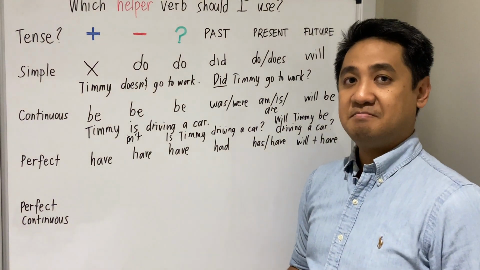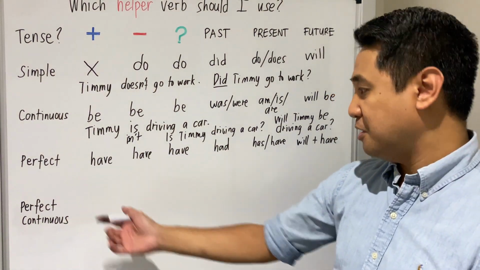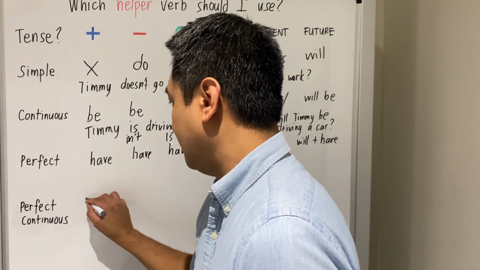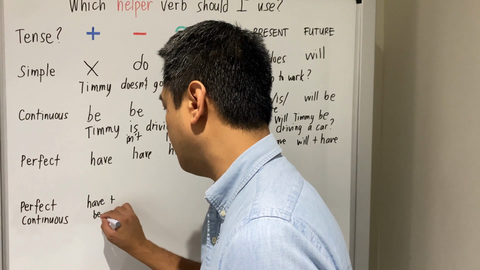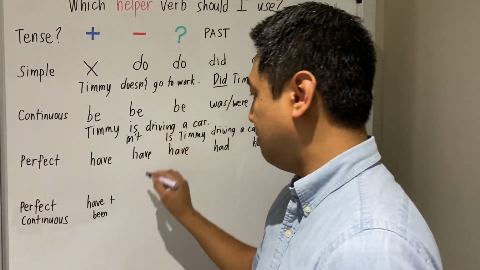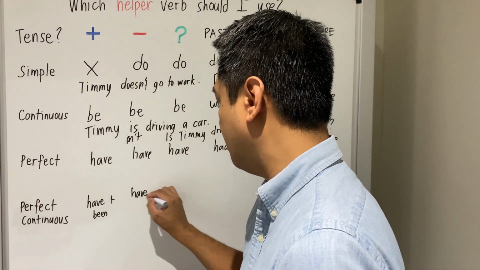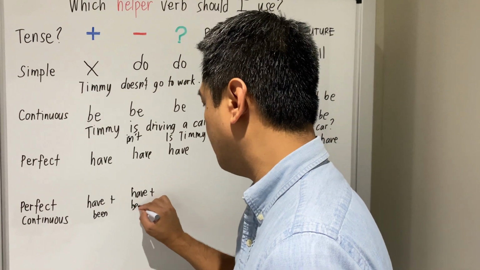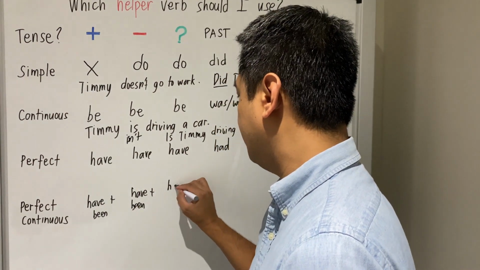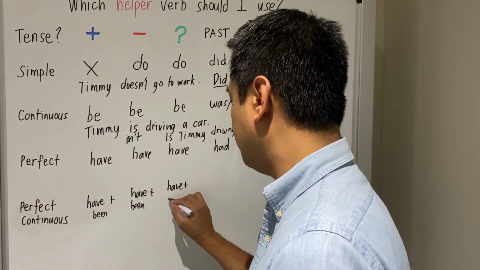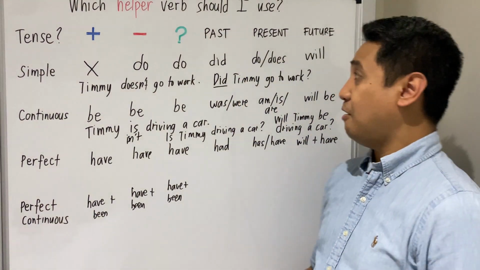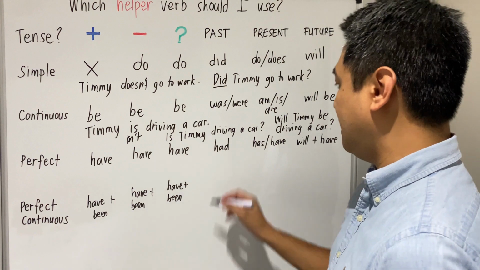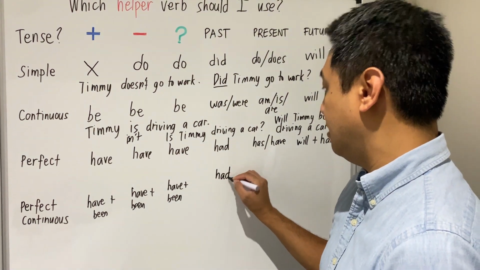Easy. Now for perfect continuous, it's have plus been. Similarly for negative, have plus been. Have plus been. Okay. Now, of course, if you want to make it past, then it becomes had plus been.